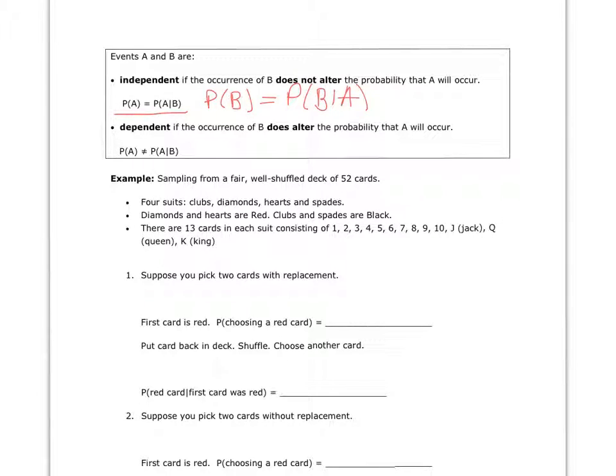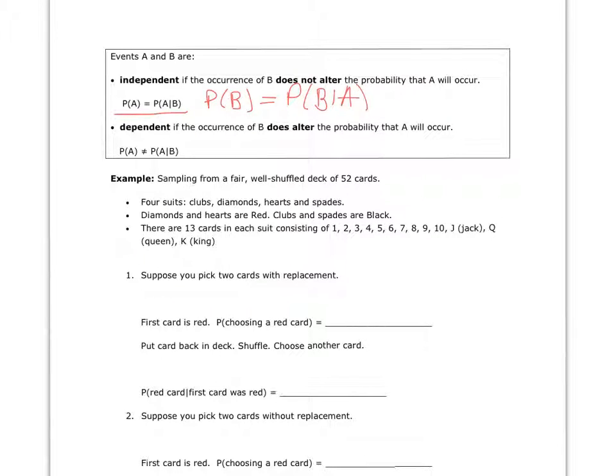All right, so basically what that means is independent events happen when the occurrence of one of those events doesn't change the probability that the other one will occur. So it's independent, right? It's not linked to the other event. It's not dependent on the other event.